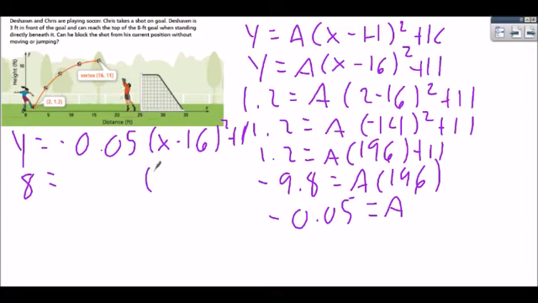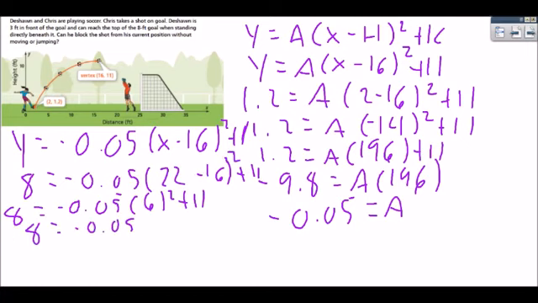So I'm going to put 22 in for X, and then solve and see if he can get it. So what we did was we plugged in 8 and 22 and we solved, and we got -3 is equal to -1.8. Because these are not equal, he could not reach it.